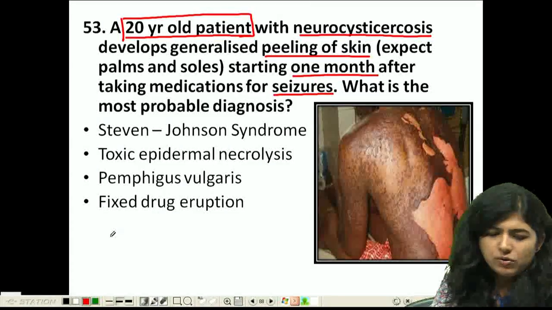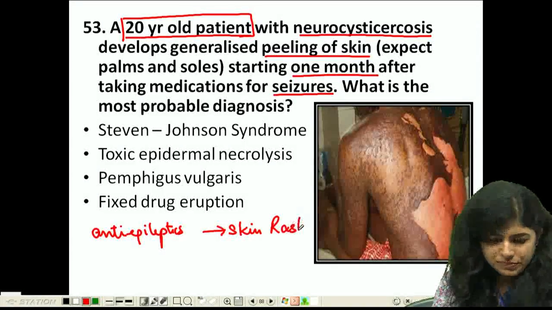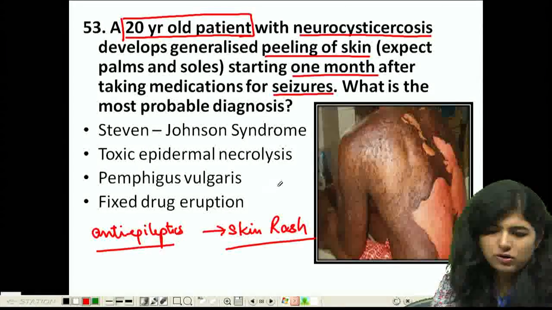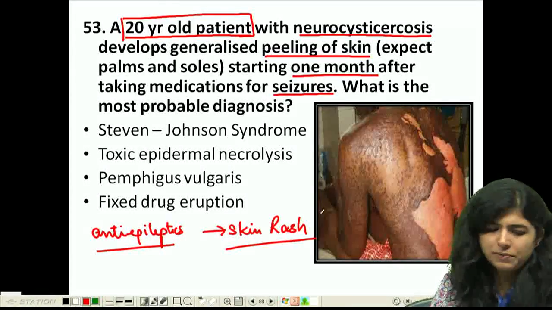What is the diagnosis here? We definitely know that it is a patient who has taken anti-epileptics. Now he has developed a skin rash. Diagnosis. What do you see in the image here?